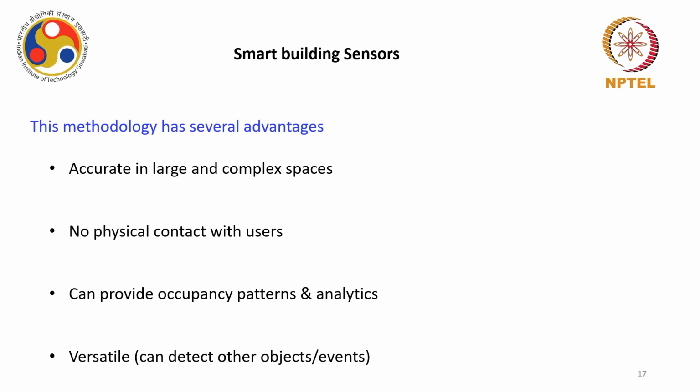It is versatile in nature and can detect other objects as well, so you do not have to install another set of cameras or sensors to detect other objects or foreign elements in the occupant area.